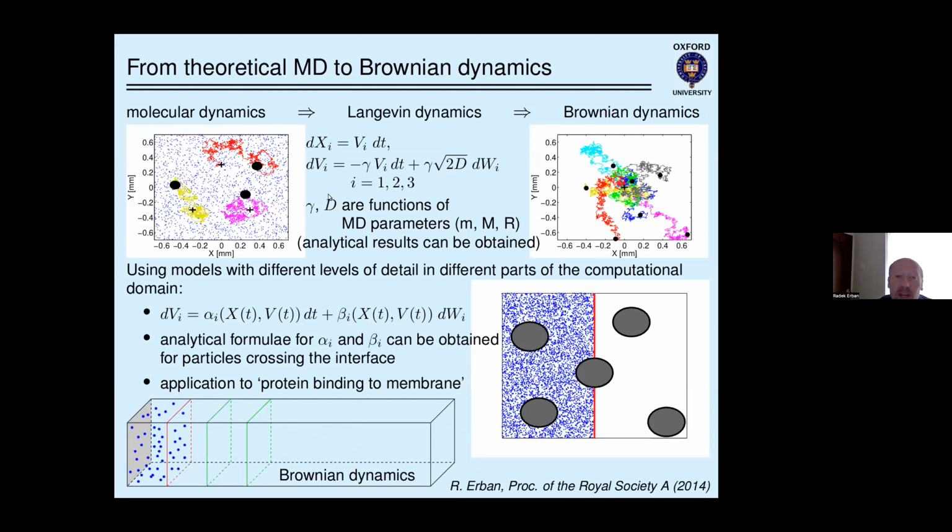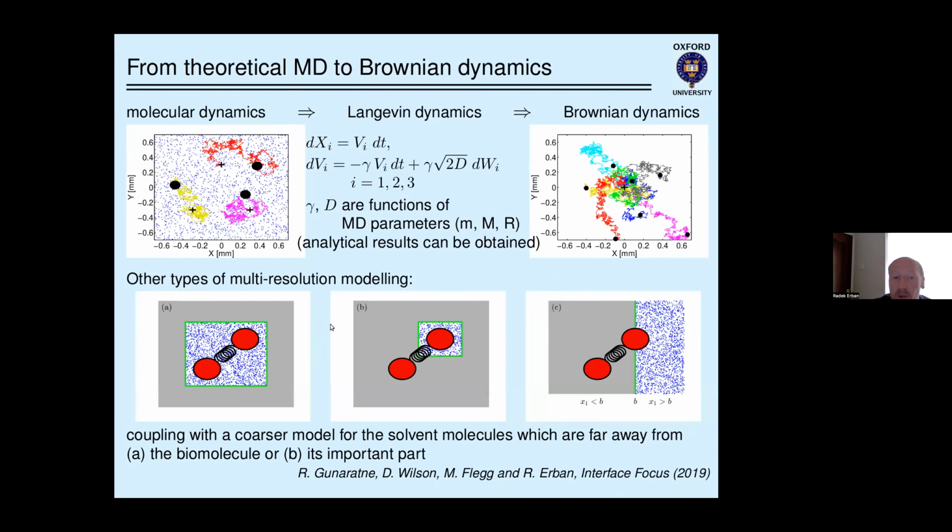You have to establish some limiting process, understand that these models are consistent with each other, and then there's an extra thing, how to actually design this boundary condition. Now, there are other types of multi-resolution modeling summarized here.